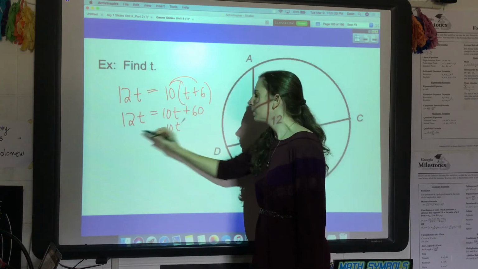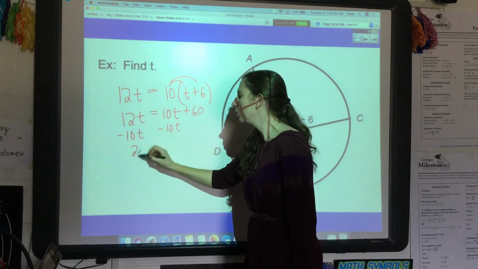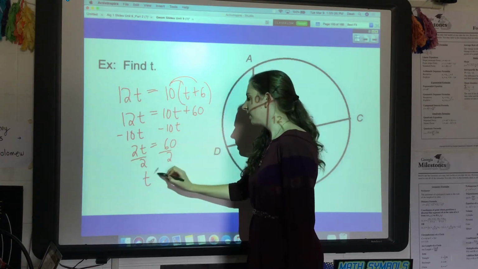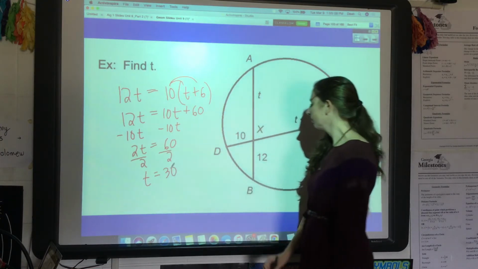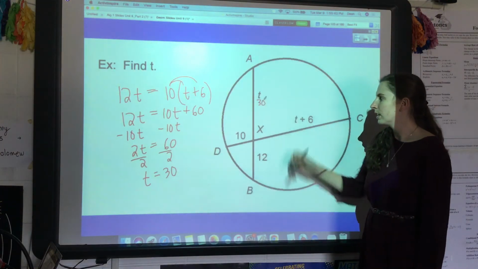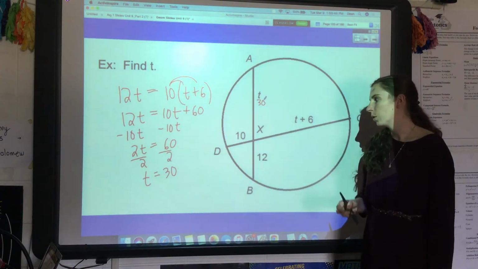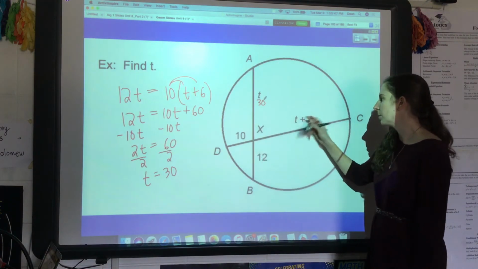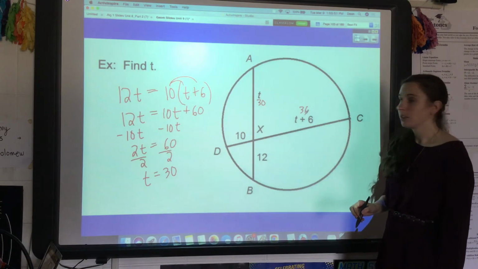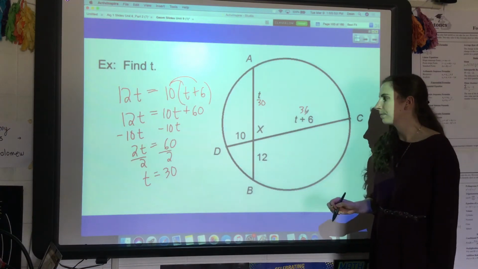Subtract 10t from both sides. So 2t equals 60, then divide by 2. And so t is 30. If you wanted to check and make sure, put in 30 for t. Does 12 times 30 equal 10 times 36 if I put in 30 here? And it should. They should both give you 360.